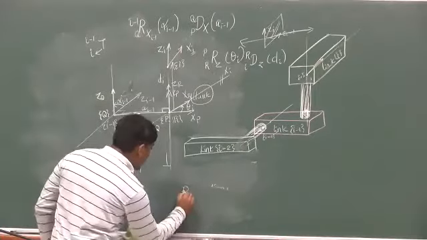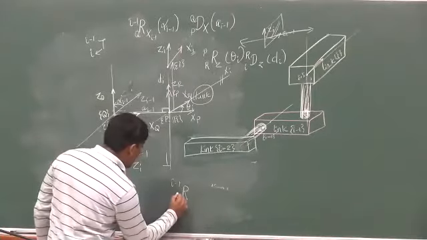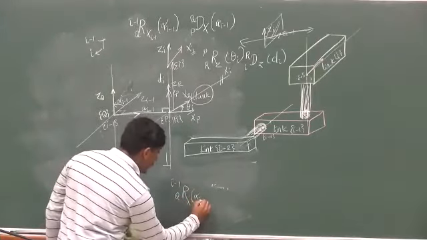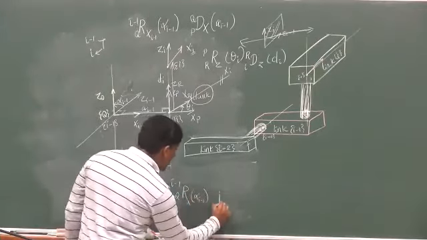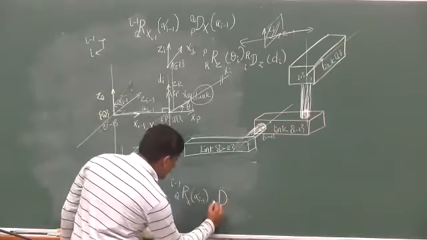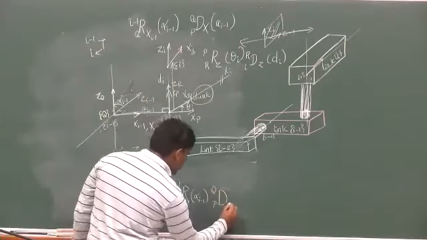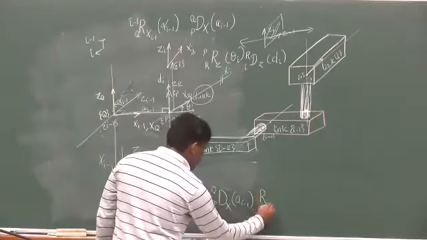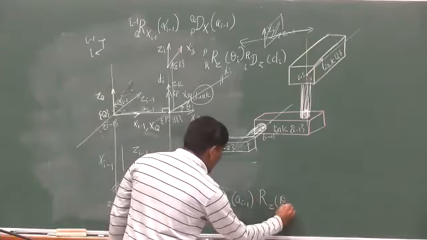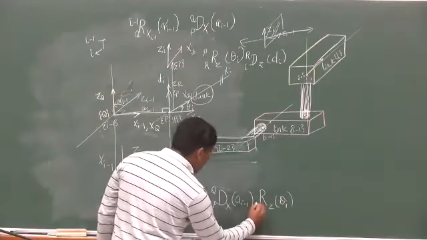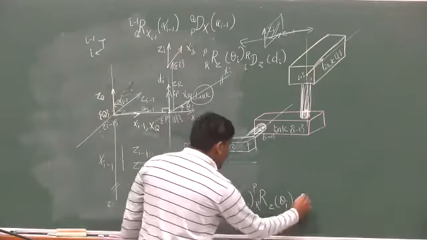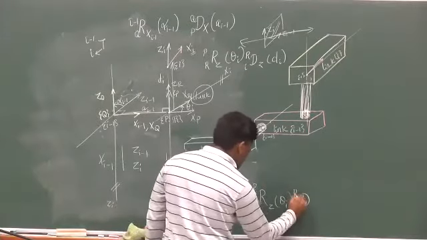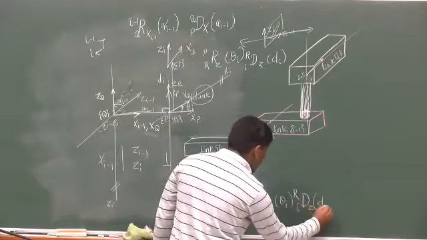You can see q, which is rotated about x by alpha I minus 1, then translated p with respect to q along x by ai minus 1, then the rotation about z by theta I, which gives the frame r with respect to p, then the translation of I with respect to r by the distance di.